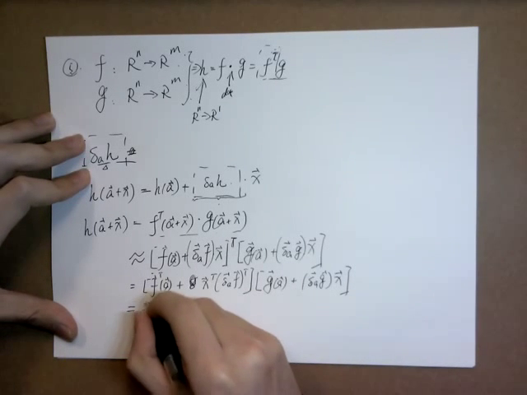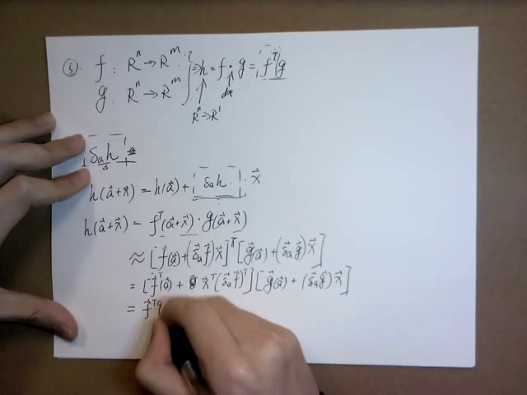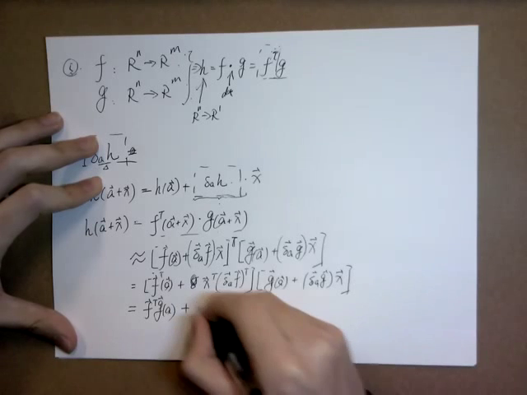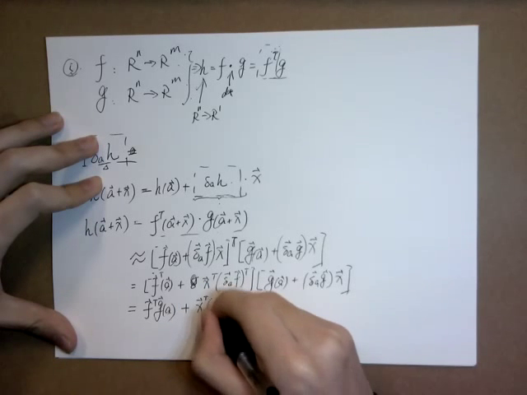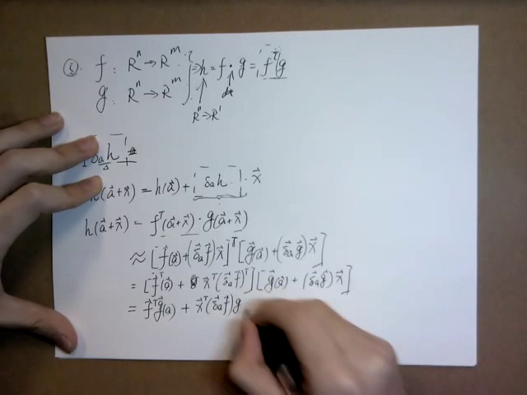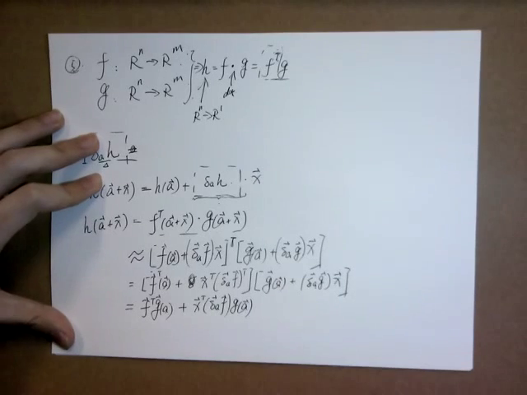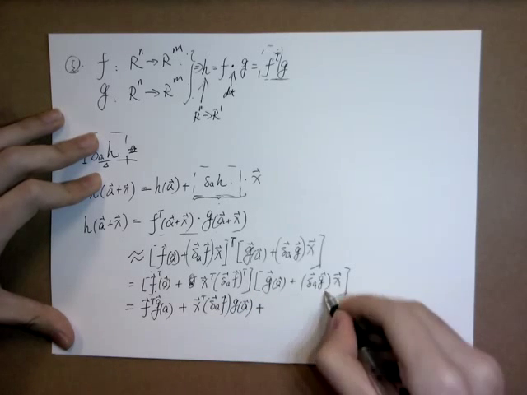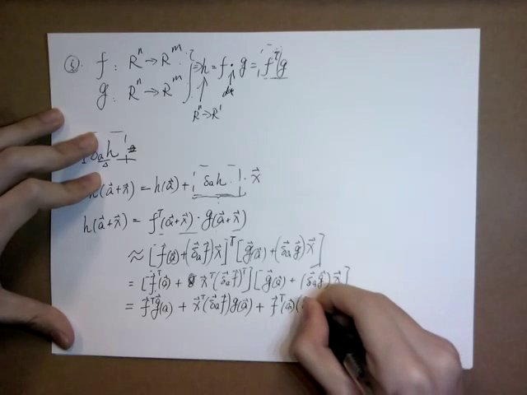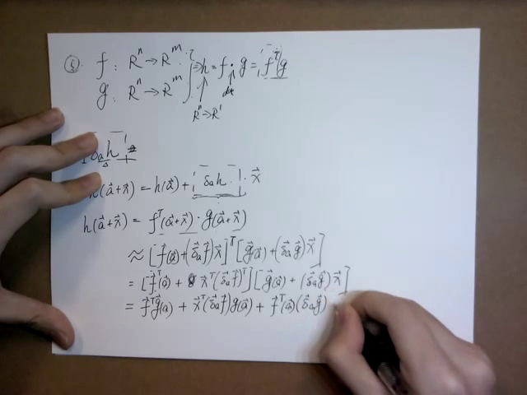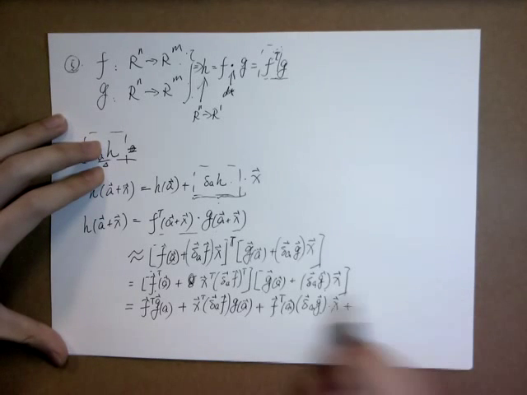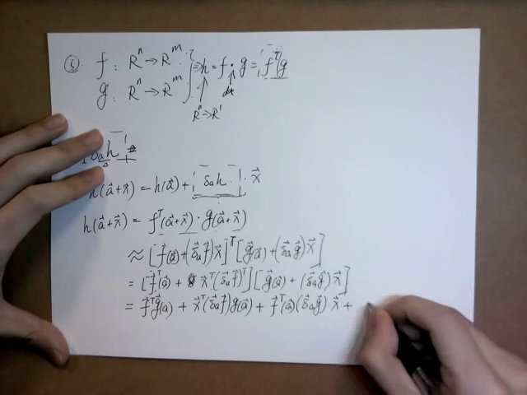It becomes f transpose multiplied by g at point a, plus x transpose times the Jacobian matrix of f multiplied by g of a, and plus this one multiplied by this one: f transpose at a multiplied by the Jacobian matrix of g multiplied by x, and also the last term. The last term is a higher order term in x, so I don't really care about it.